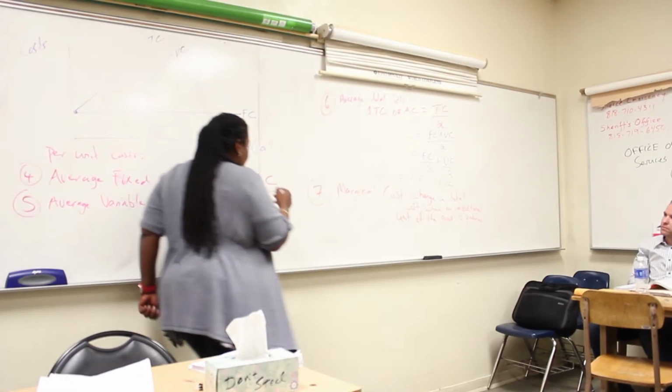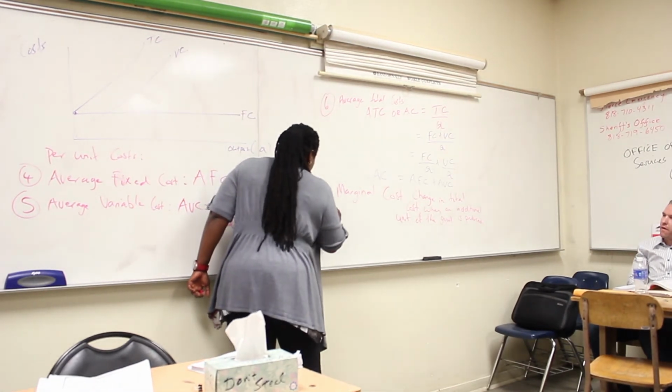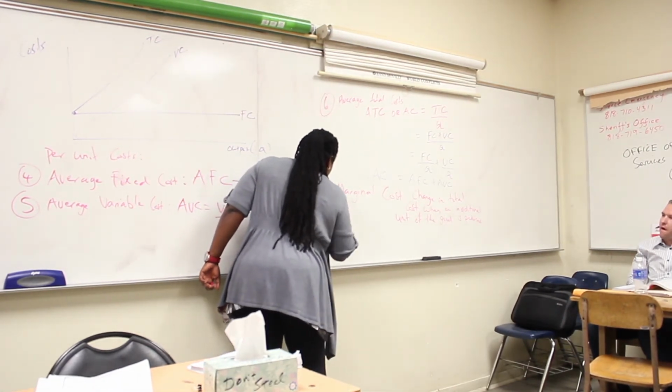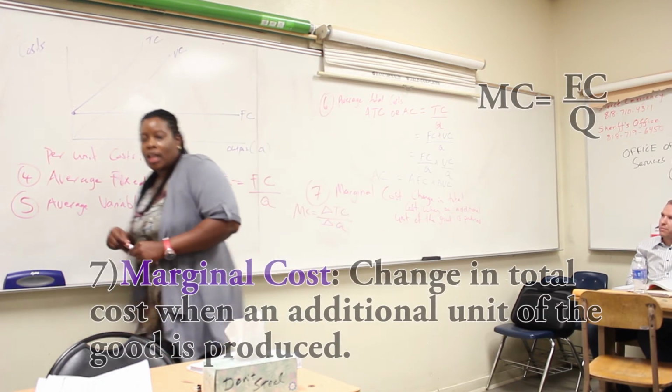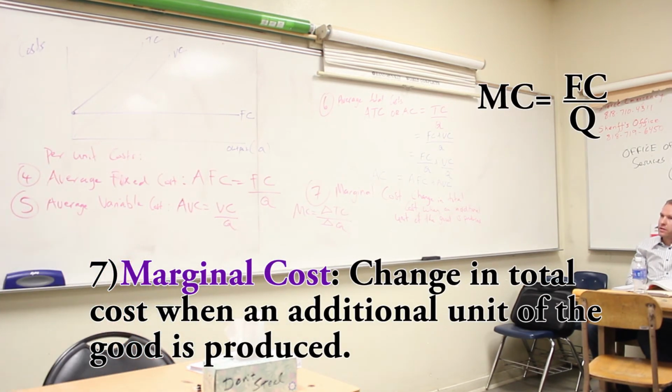So formula-wise, MC is the change in total cost divided by the change in quantity. It's the extra cost you pick up when you decide to make an extra unit of the good. Okay?